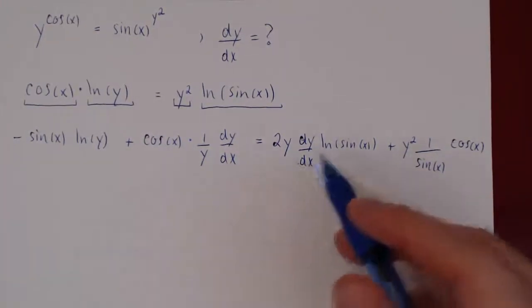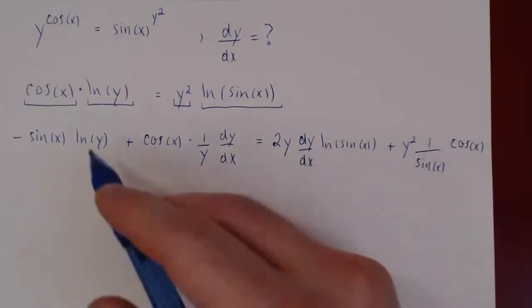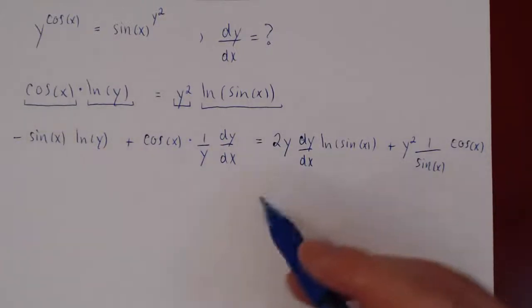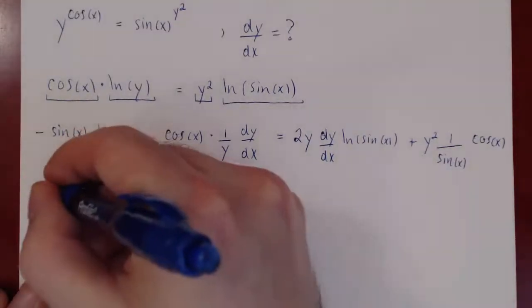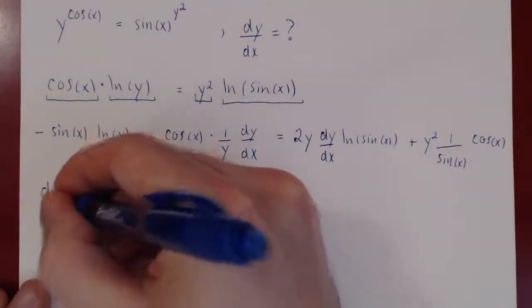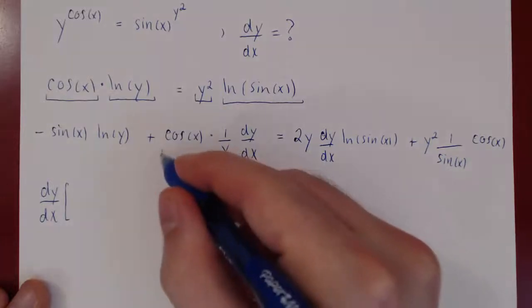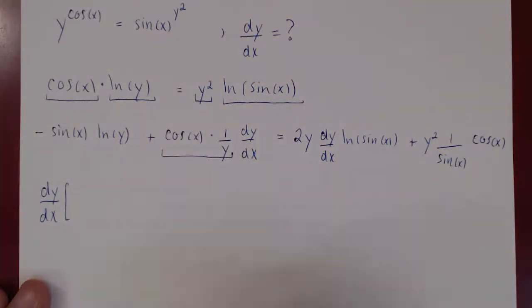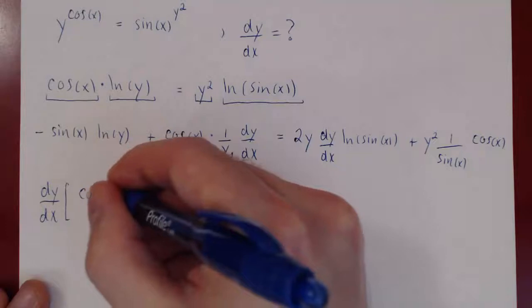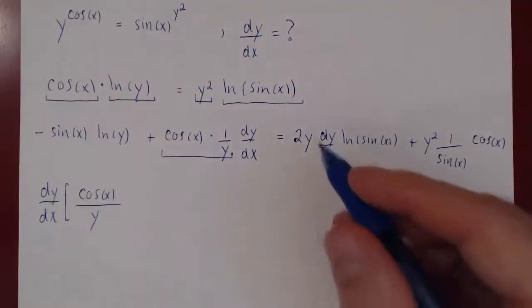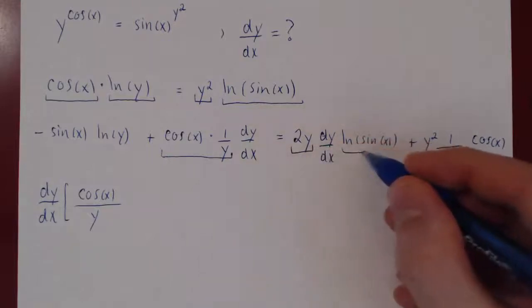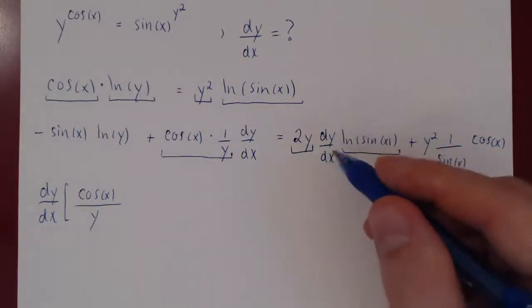So we'll bring this term to the left, send this one to the right, and then isolate our dy over dx. So what are we going to have? Dy over dx times cos of x over y. Now here we have 2y ln of sine of x times dy over dx.